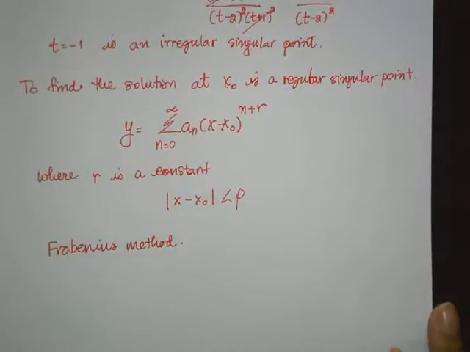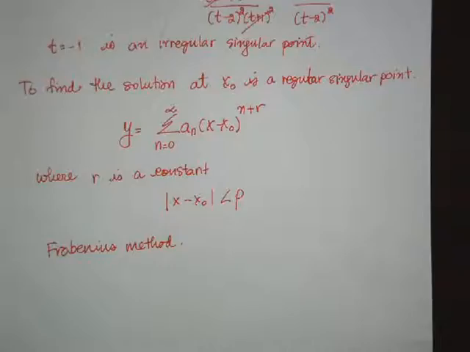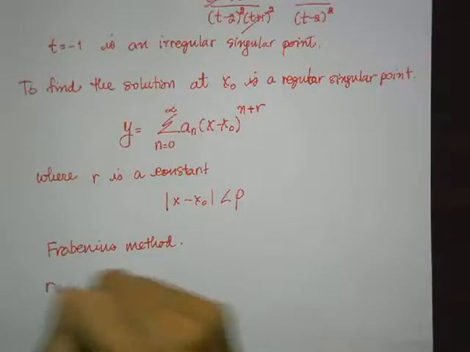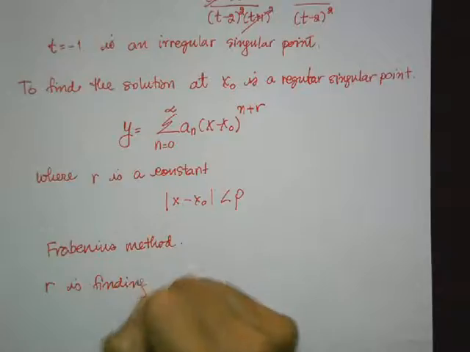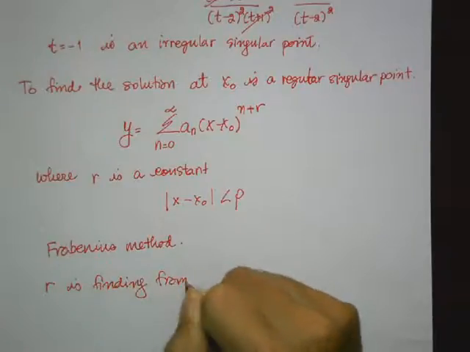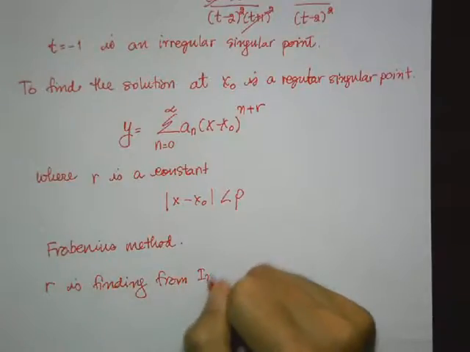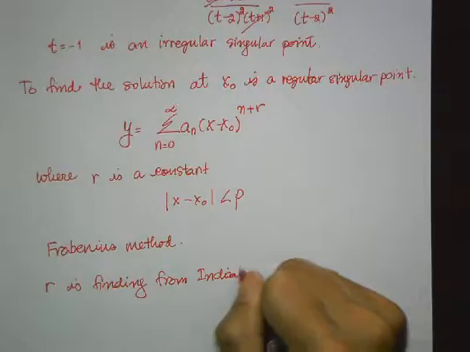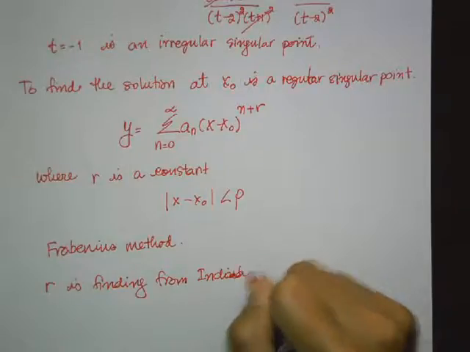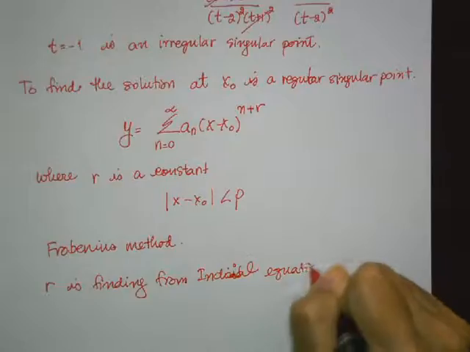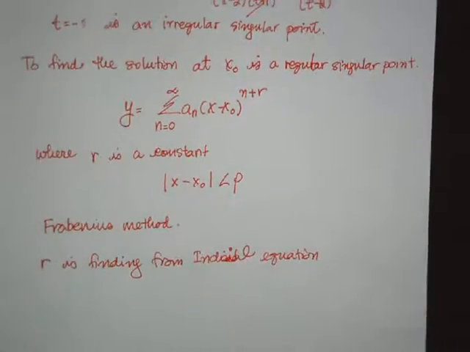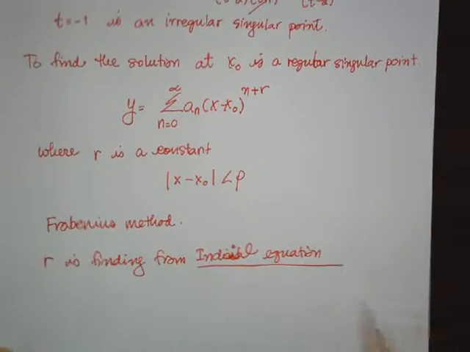And r is found from the indicial equation. There are two ways that we can find the indicial equation.